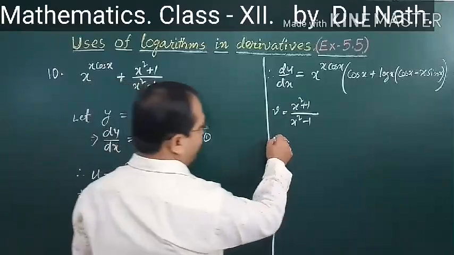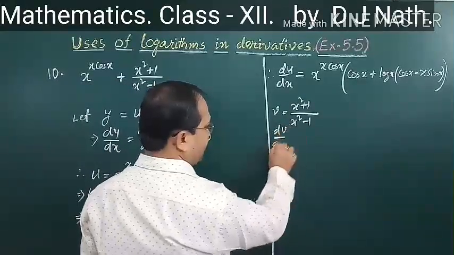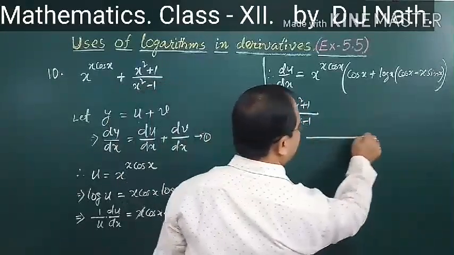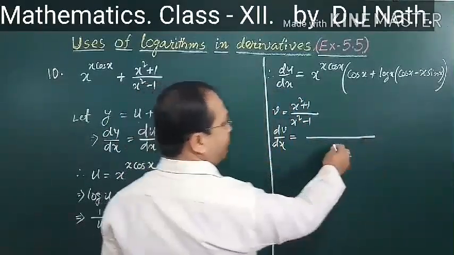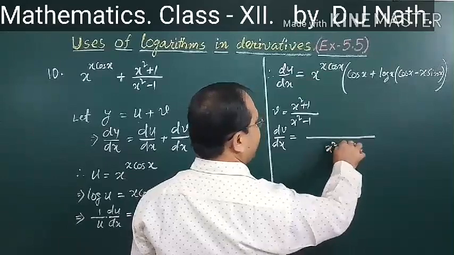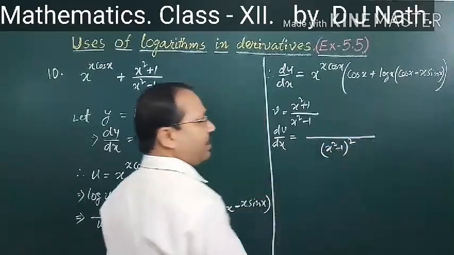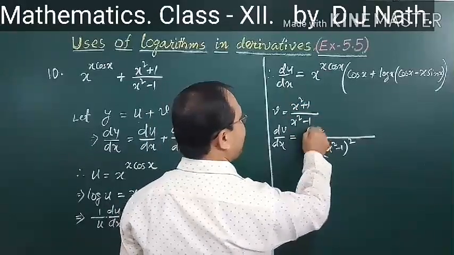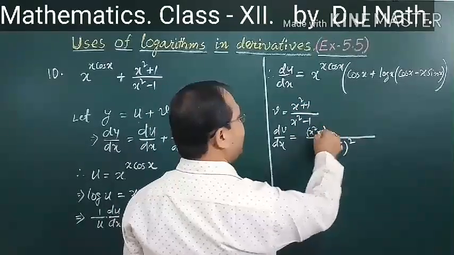So what will be dv/dx? Differentiating with respect to x, u by v, the downside will be v square, so (x square minus 1) whole square, and the upside is v into du/dx, so v means x square minus 1 into du/dx.